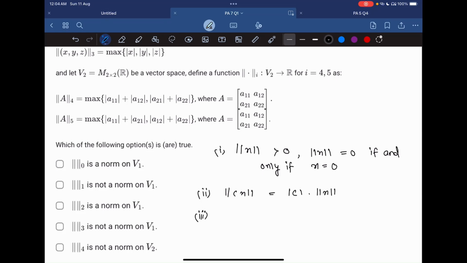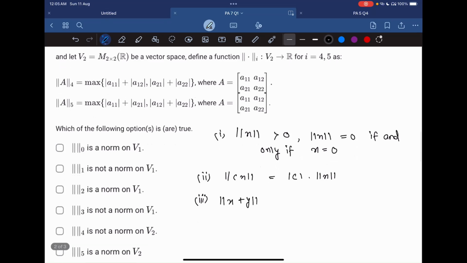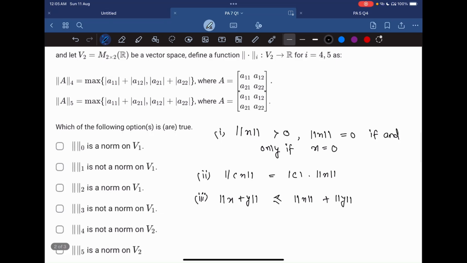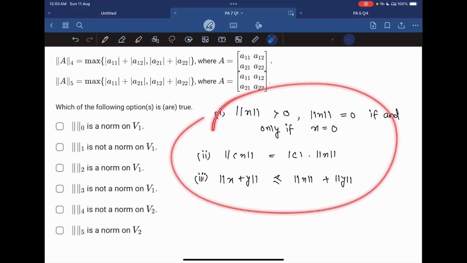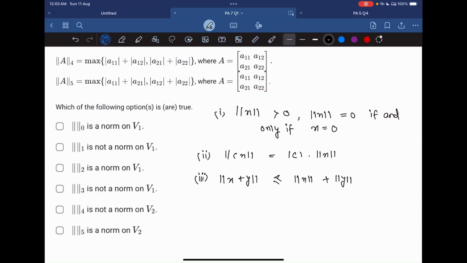And the third condition would be the triangle inequality, that is, the norm of the sum of the two would be less than or equal to the sum of the individual norms. So if any function satisfies these criteria, that would be considered a norm. So we will be checking these three conditions on each of the options.